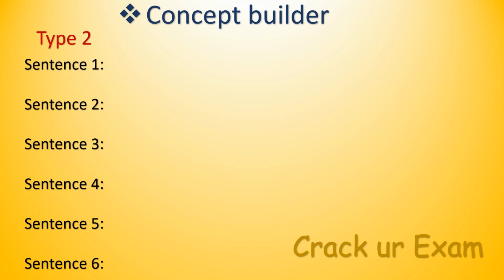Now in type 2, we will see the modern type of passage. In the earlier passage, type 1, as you have seen, that is the traditional structure. But type 2 is the modern passage. Modern passage means instead of describing an incident, this passage is based on certain facts.